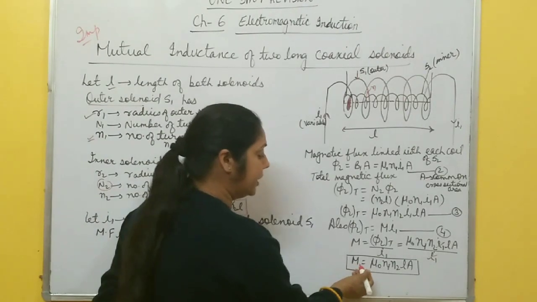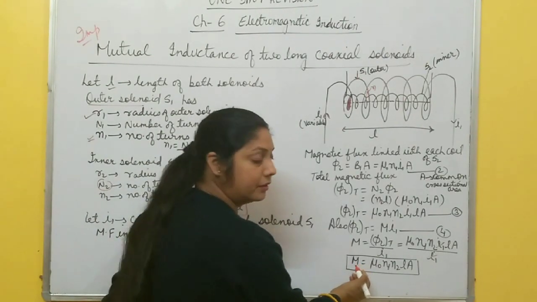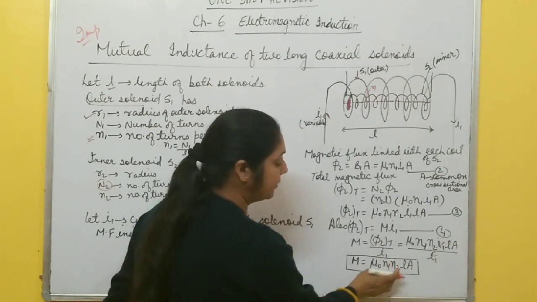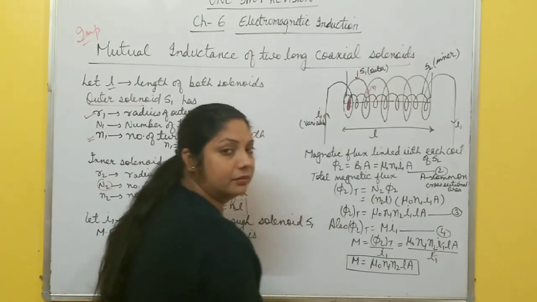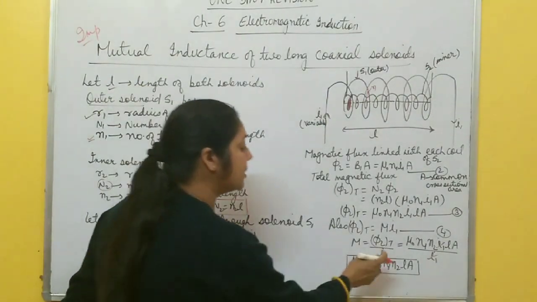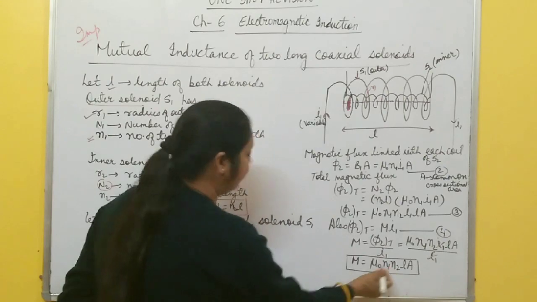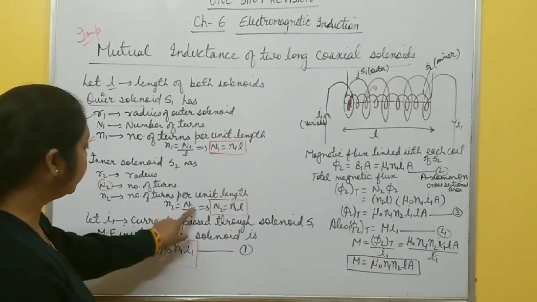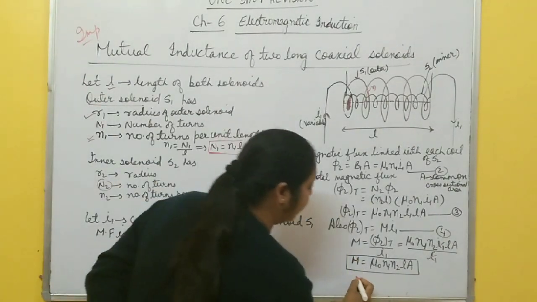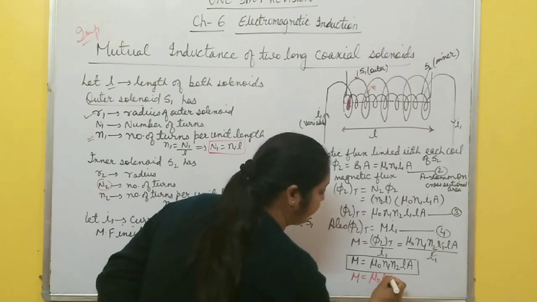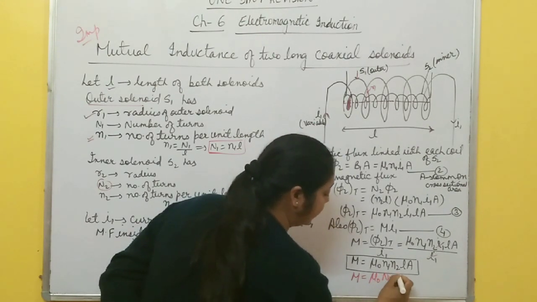So from here it is clear that mutual inductance depends on the number of turns per unit length and the common area of cross section of both solenoids. In terms of capital N, you can write n1 as capital N1 by L, and n2 as capital N2 by L. So you can write M equals mu naught N1 by L, N2 by L. It means here L square.